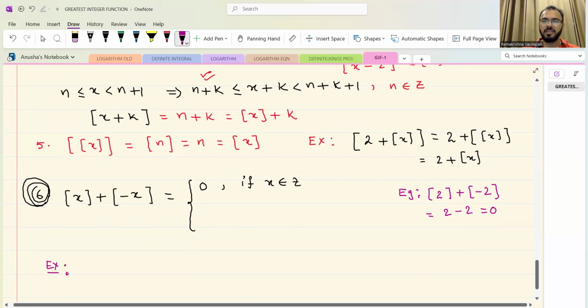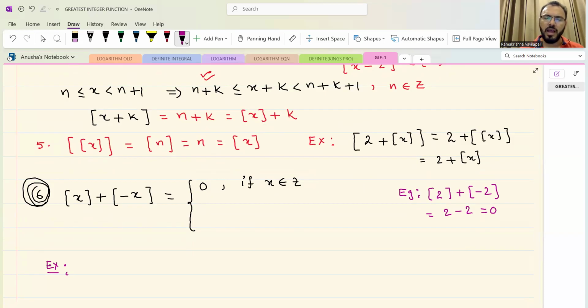This greatest integer function is very difficult when it comes to application. Concept-wise, to understand the basics, it is very simple. But when we try to apply it in things like number theory, continuity, differentiability, or definite integrals, then we feel greatest integer function is very difficult.